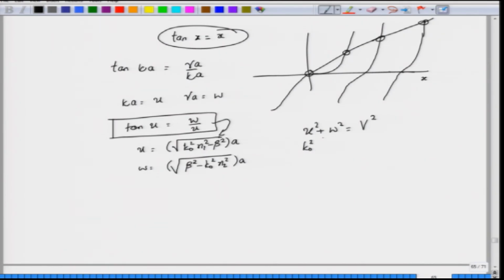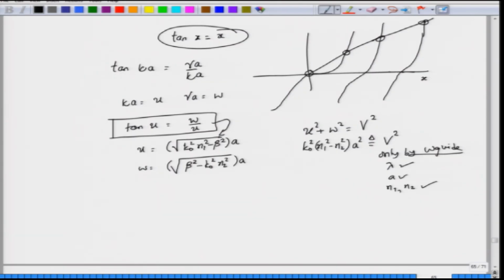That is k0 square times n1 square minus n2 square times a square, which we define as parameter v, and v is an important parameter that is determined only by the waveguide geometry and materials. It is determined by the waveguide material property and the operating wavelength lambda. The waveguide has a radius a which is known, lambda is the operating wavelength which is also known, and n1 and n2 of the waveguide are also known or usually can be designed.